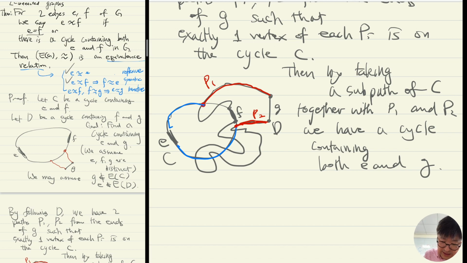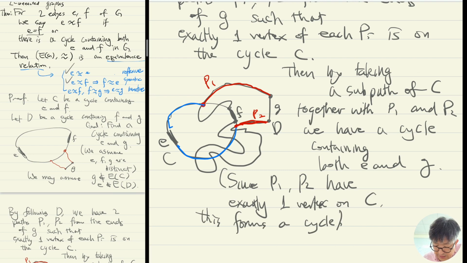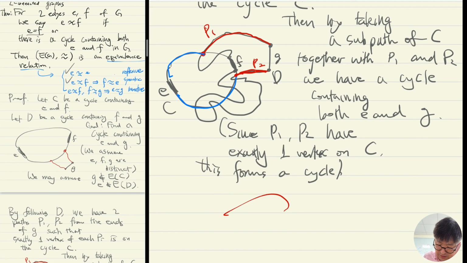And this is indeed a cycle because P1 and P2 have exactly one vertex on C. I was worried about a wrong proof where you take this and the blue may intersect, right?